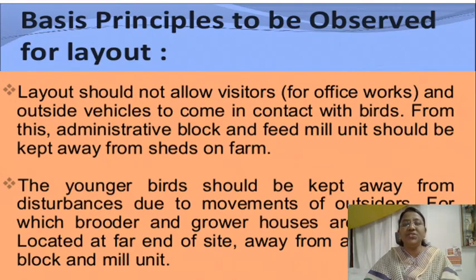For this, administrative block and feed mill unit should be kept away from the sheds on farms. The younger birds should be kept away from disturbances due to movements of outsiders, for which brooder and grower houses are preferably located at the far end of the site. Always administrative block and mill units should be far away from these units.